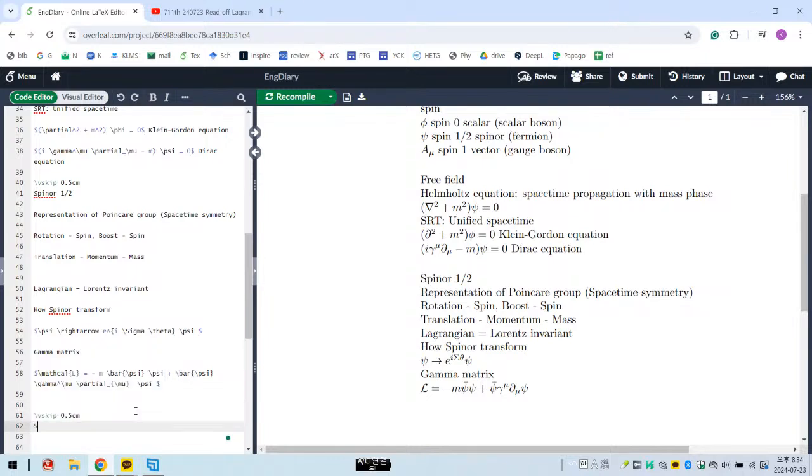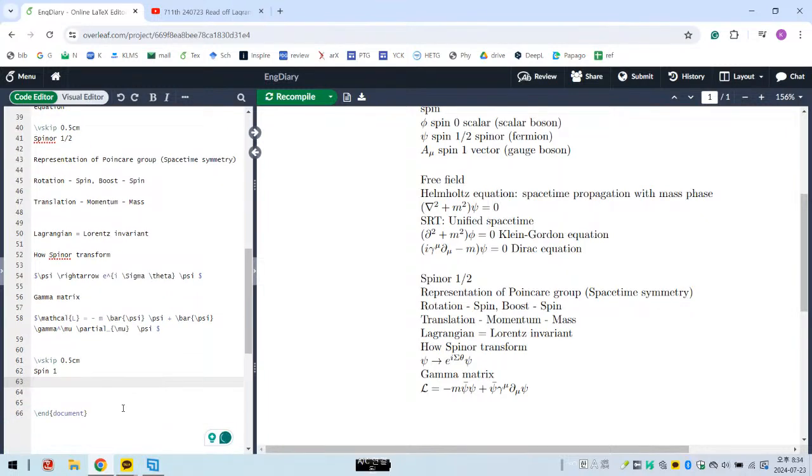The final one is the spin-1 gauge boson, and it also has some similar multiplication form, but there is some additional complexity. First of all, the vector field in space-time is described by four degrees of freedom, because space-time is four-dimensional.